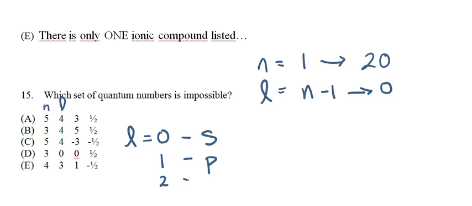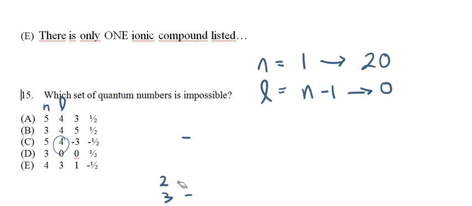Then 2 is d, 3 is f. Know that. You're going to be asked, what orbital is that electron residing in? Now, 4, a g orbital, is given here, but you won't be asked for it. This one's just asking which one is impossible. So make sure we know those.